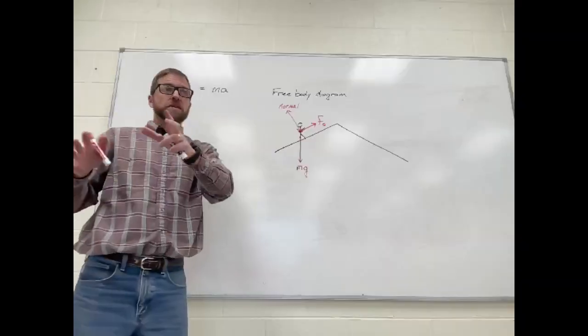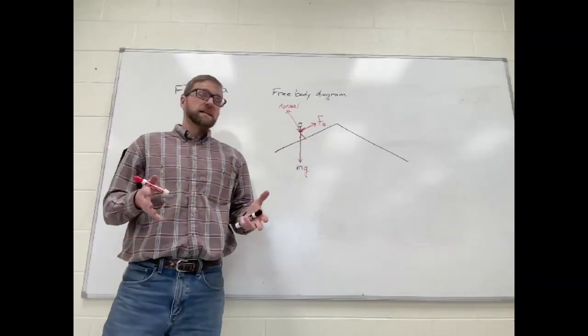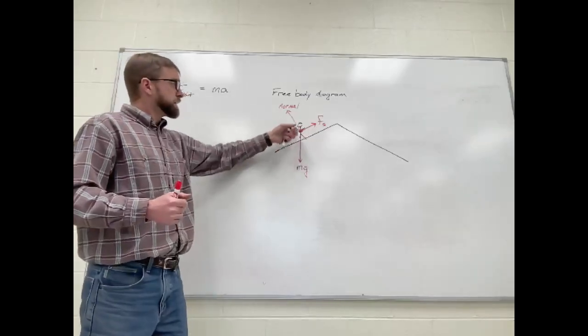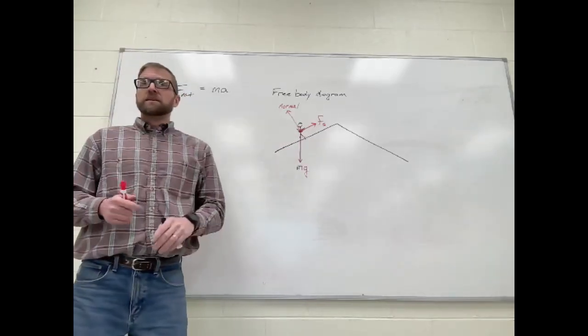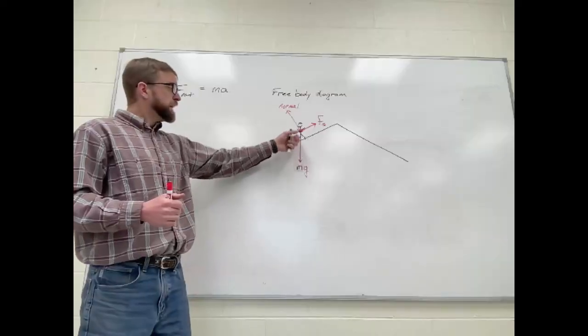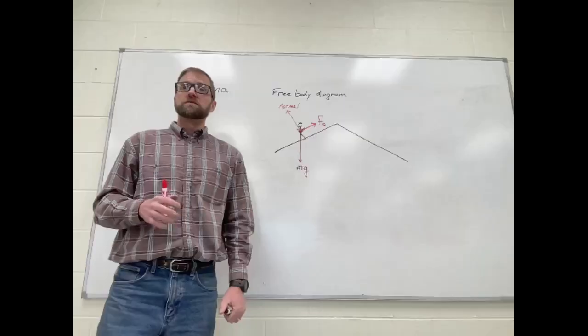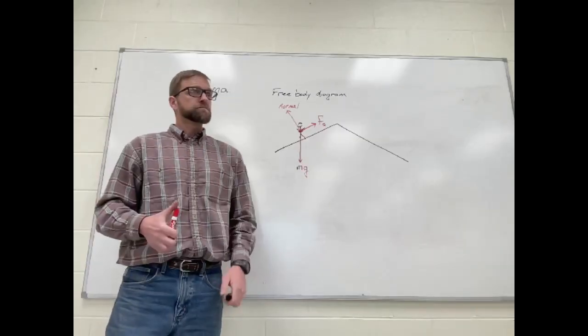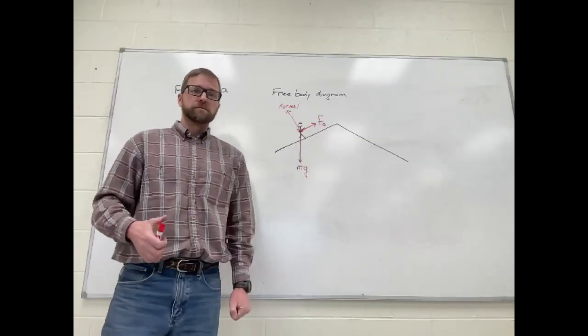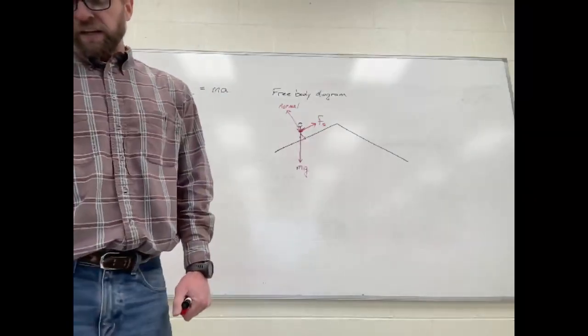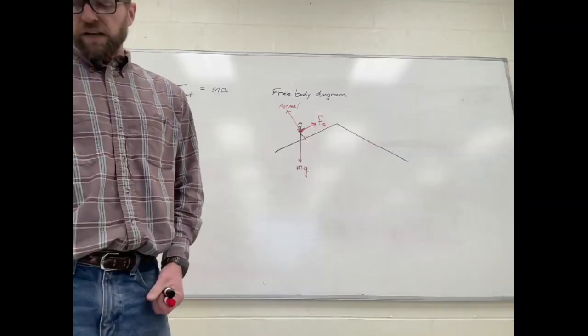So there are only three forces acting on the man: normal, static friction, and gravity. And it's the piece of gravity that pulls down the slanted roof that friction is opposing.